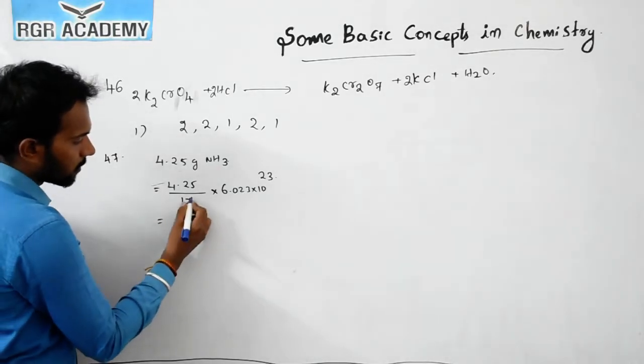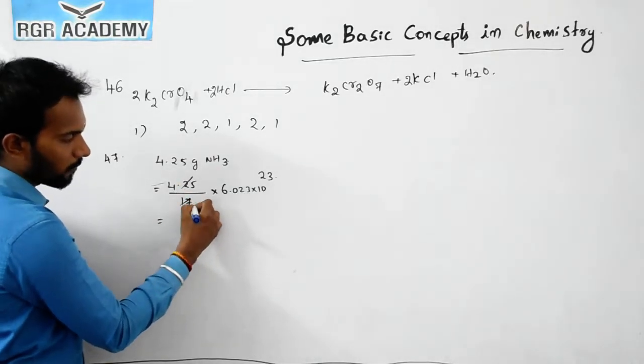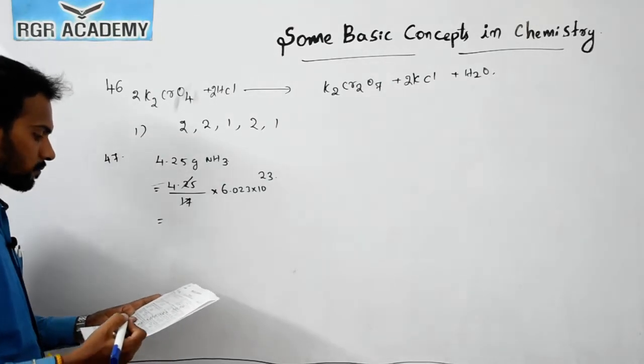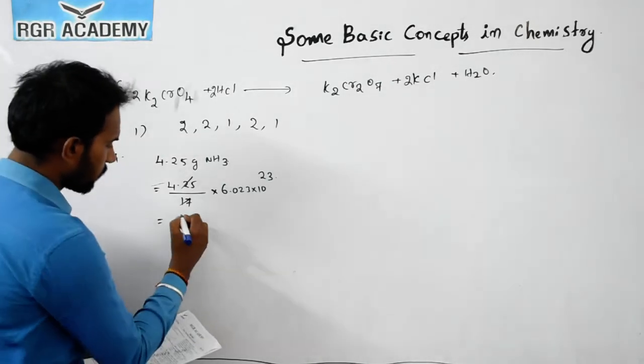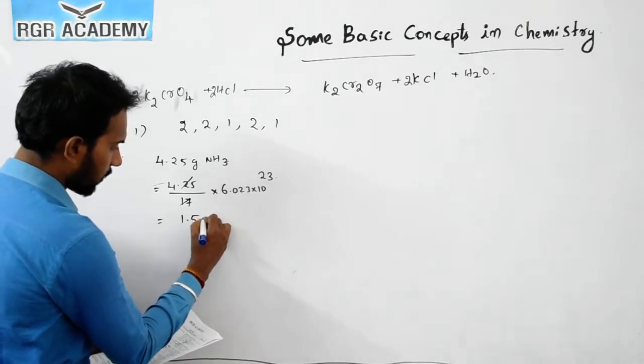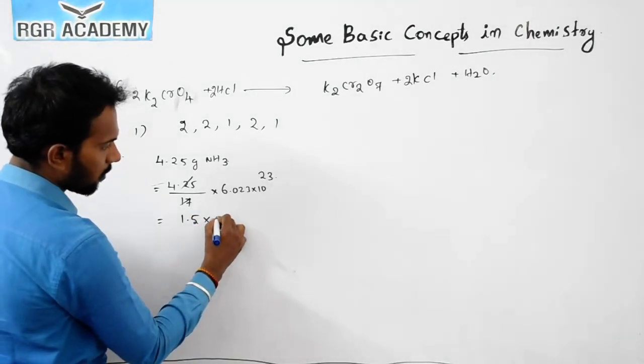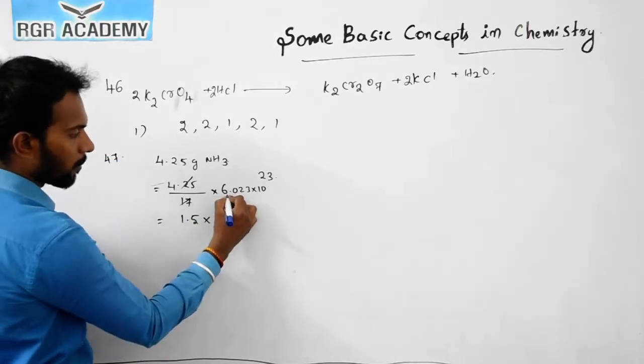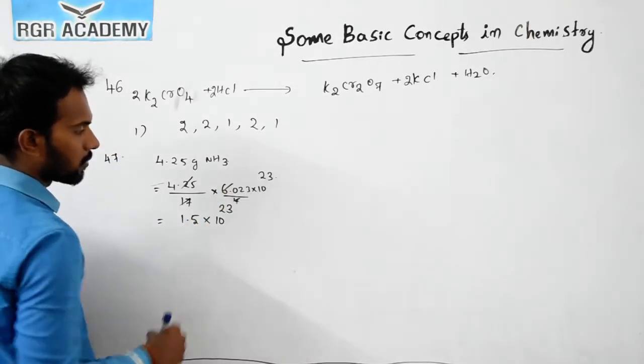So we can say that 1 by 4, okay, 1 by 4. So when you take this value, you will get 1.5 into 10 power 23.